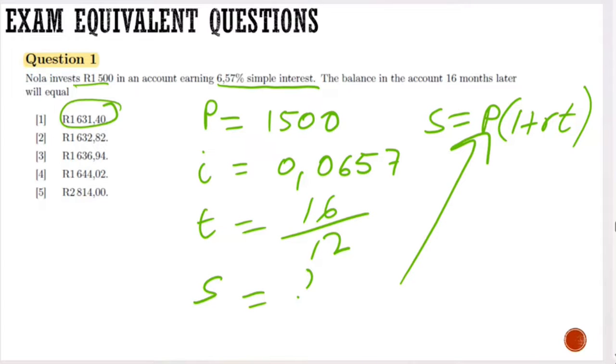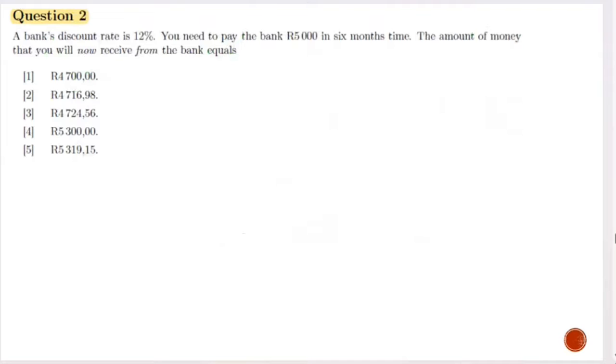Okay, and then here's another question. A bank discount rate. You already know what you are working in a discourse of discount. Go and open up a box of the formulas of your discount at the back of your mind. So now the discount rate is equal to 0.12.